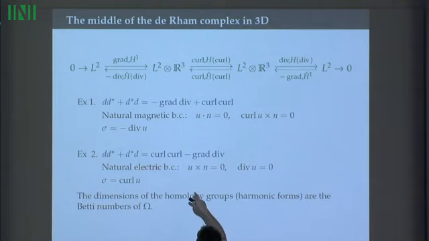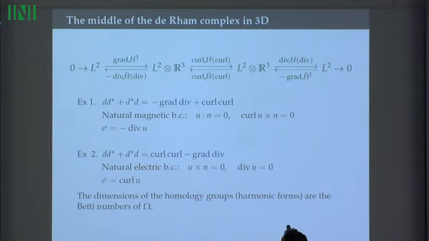So let's say in this one, U is a two form and it has to be in the domain of this D star. That means it has to be in the domain of the curl with domain H0 curl, because the adjoint of curl with domain H curl is curl with adjoint domain H0 curl.